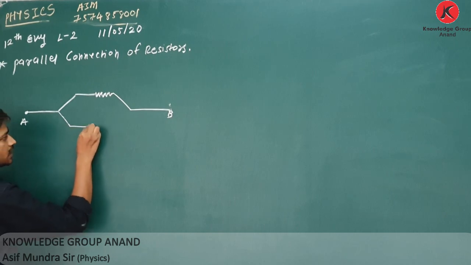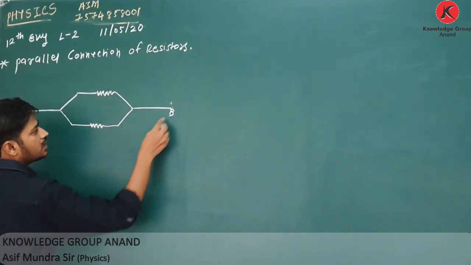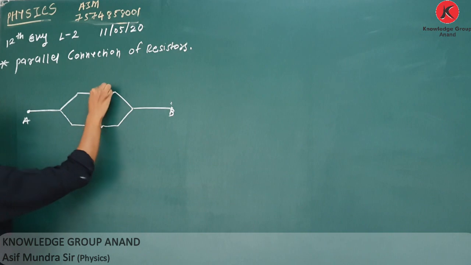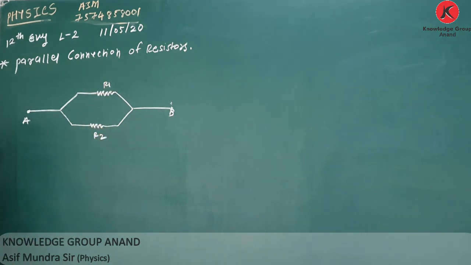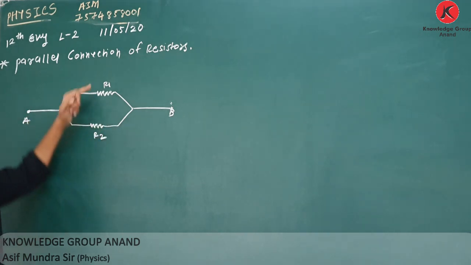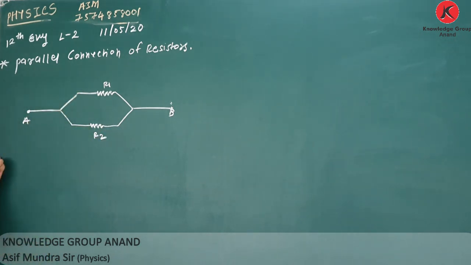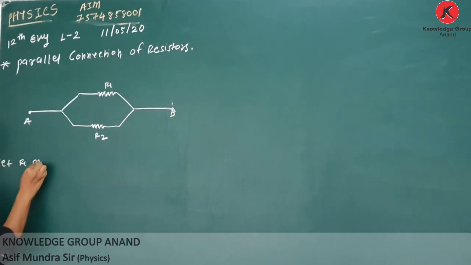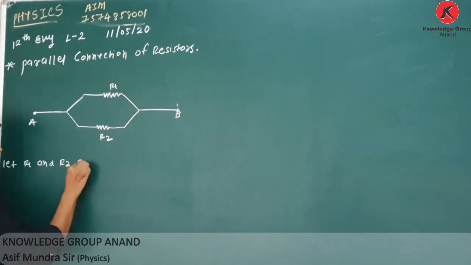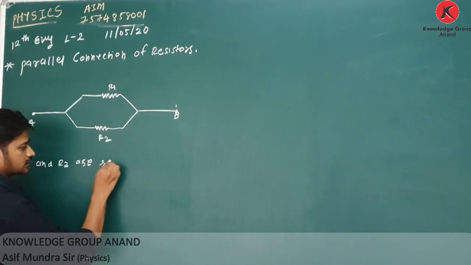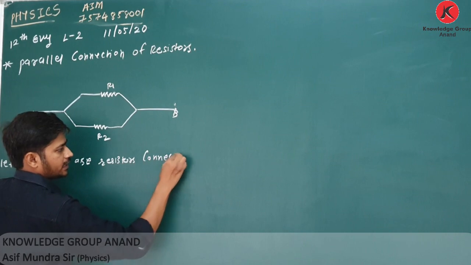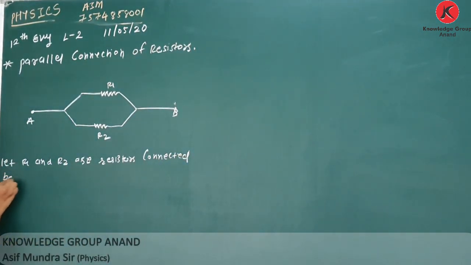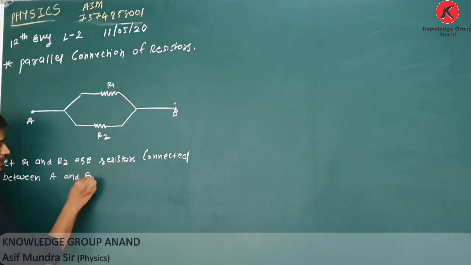It is resistor R1 and it is resistor R2. Clear about this? Between A and B, two resistors R1 and R2 are connected. So let R1 and R2 be resistors connected between A and B.